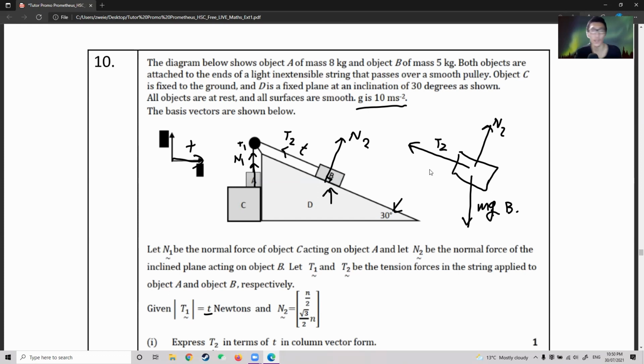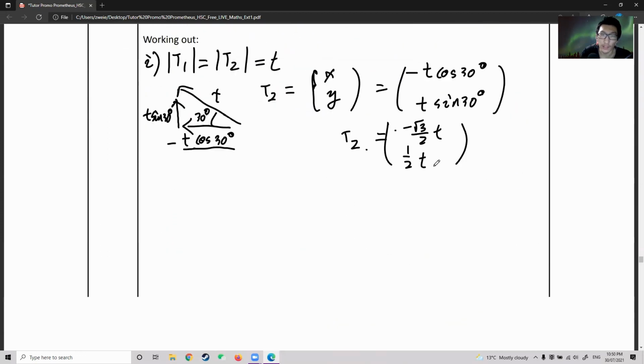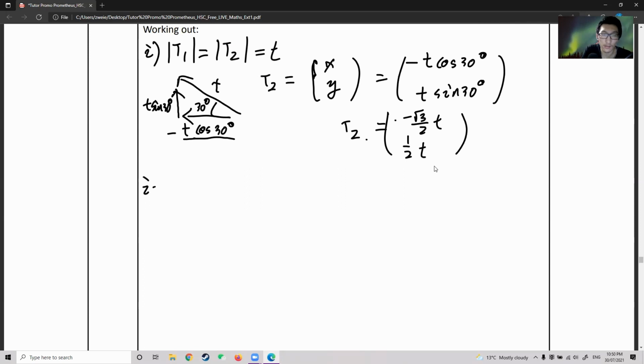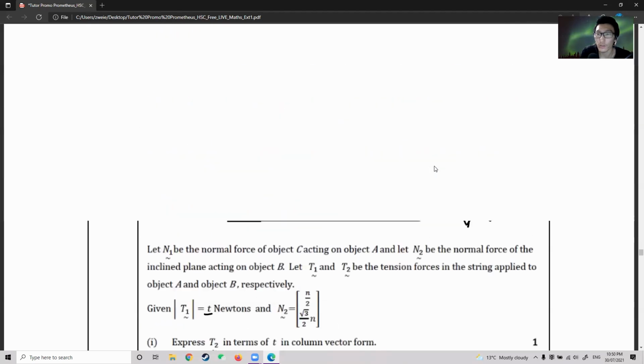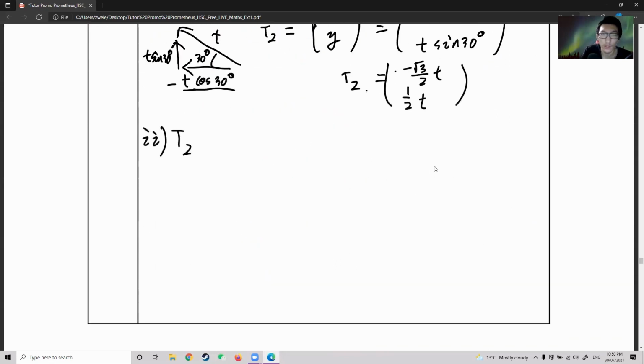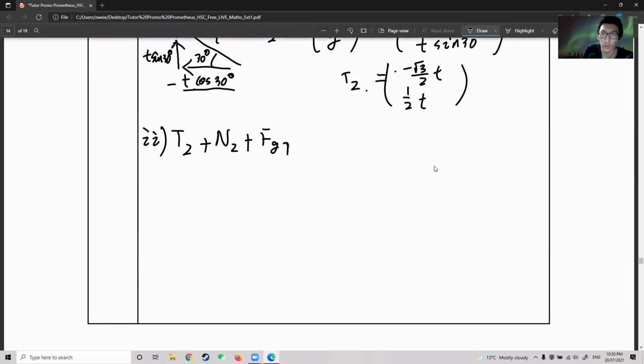We also know that all objects are at rest, so all the forces acting on object B will cancel out. In this case, I can do my adding: T2 plus N2, and then plus my force of gravity, or if you want B, will be equal to 0.